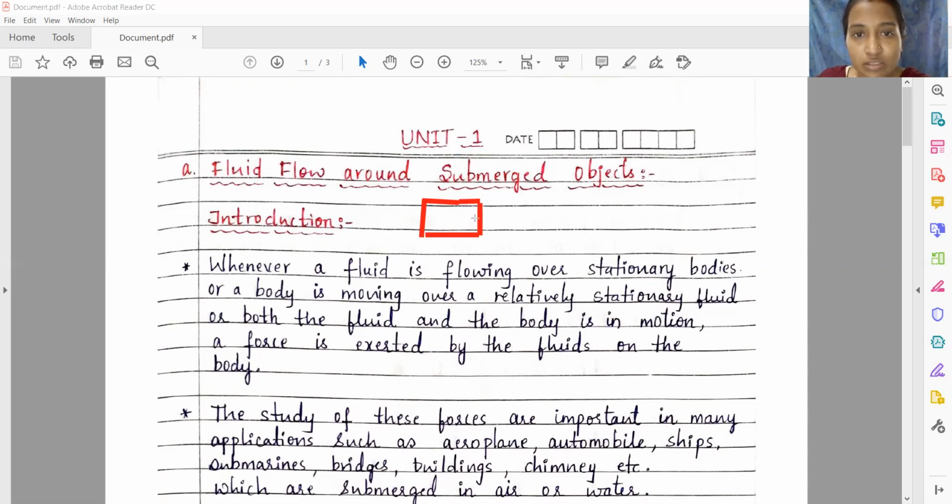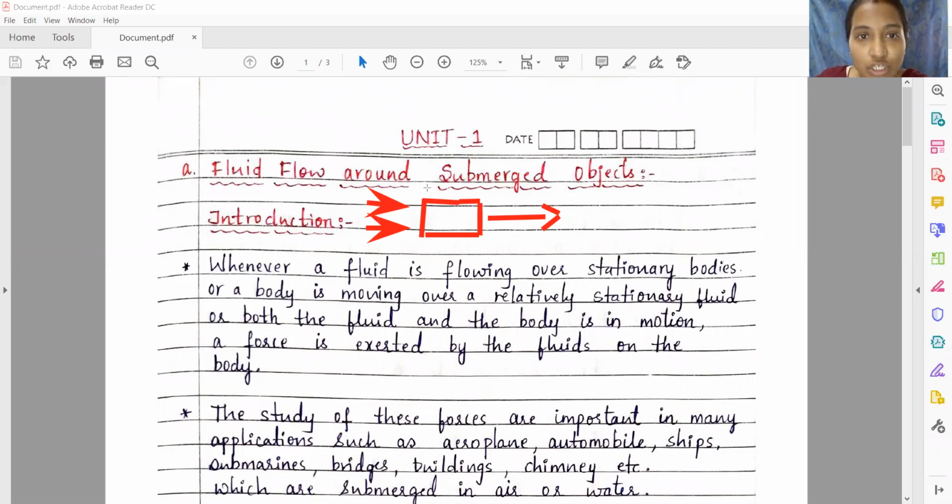When this stationary object starts moving, the pressure force will be acting. This pressure force is perpendicular to the body, but it is acting parallel to the direction of the motion.